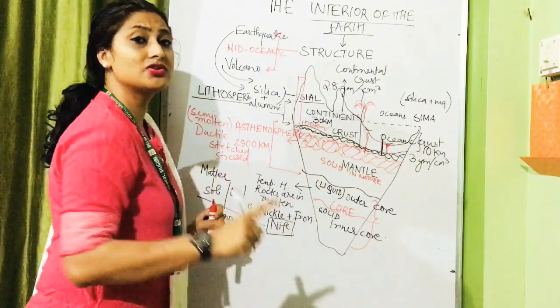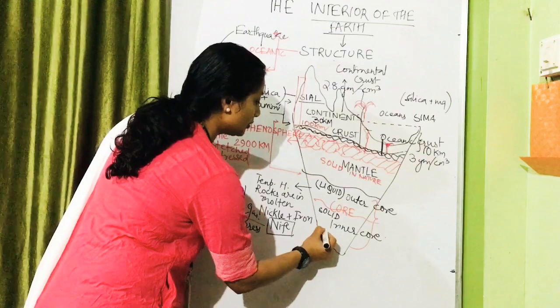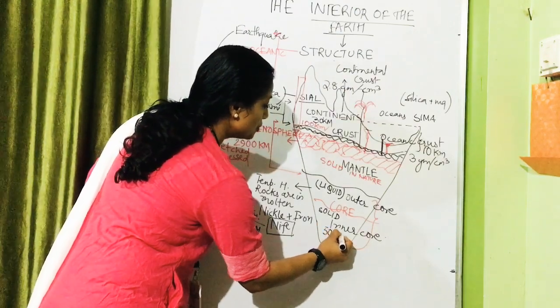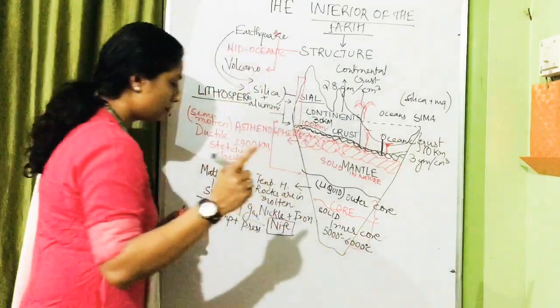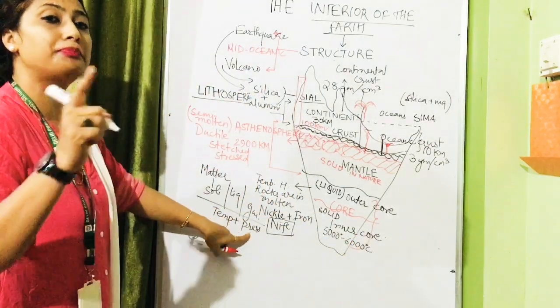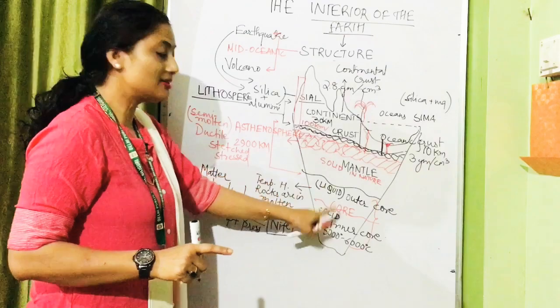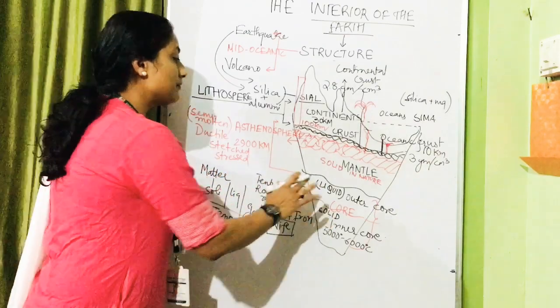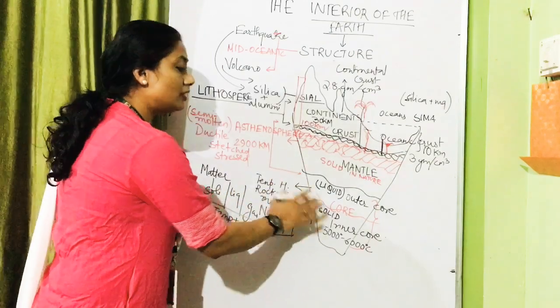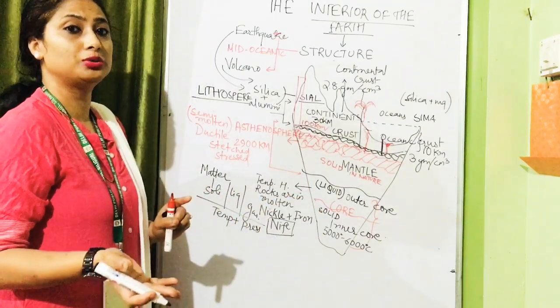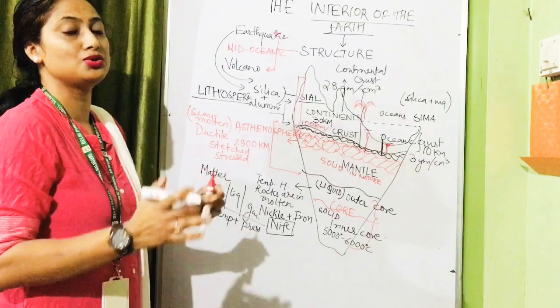Though the temperature is extremely high, 5000 to 6000 degrees Celsius, the extreme pressure increases the melting point. Because of the increased pressure, the iron in the inner core cannot turn into a liquid, rather it remains in solid form.